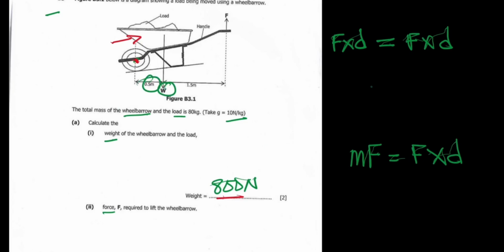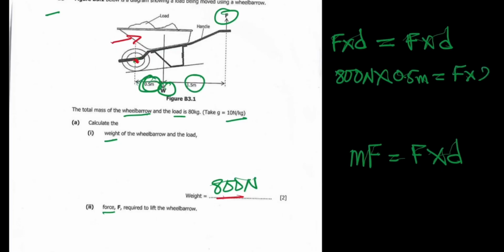So the weight here is actually 800 newtons times the distance, which is 0.5 meters. And for the anti-clockwise, we have the force that we are looking for times the distance, which is 1.5 plus 0.5. So that is actually 2 meters.